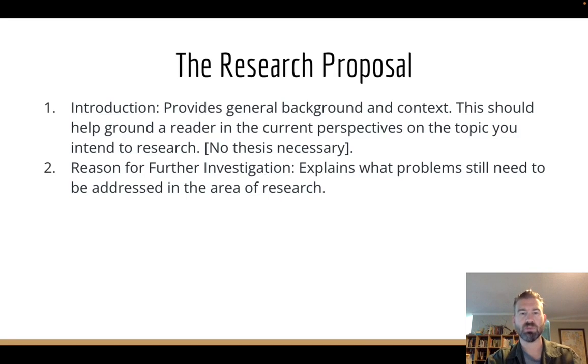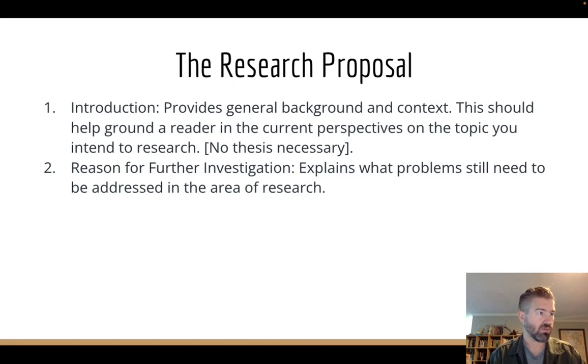A lot of people interpret this as the problem itself, if you will. So the reason for further investigation is that climate change is real and is harming our planet. Well, really, that's more in the introduction. The reason for further investigation should be what's not really being talked about or what's missing from the conversation.